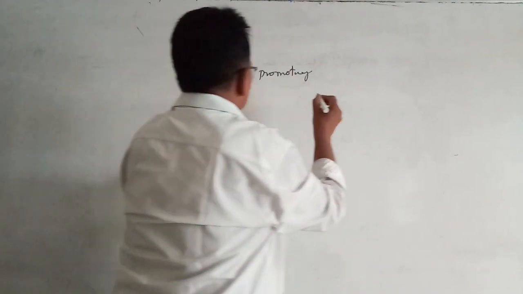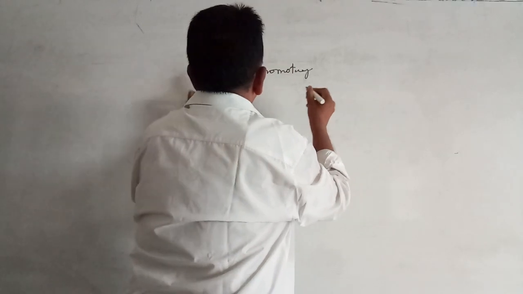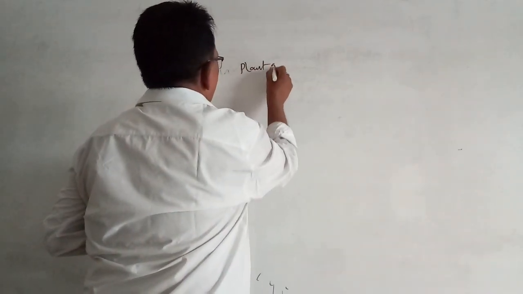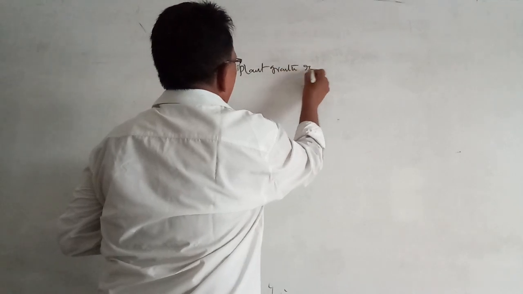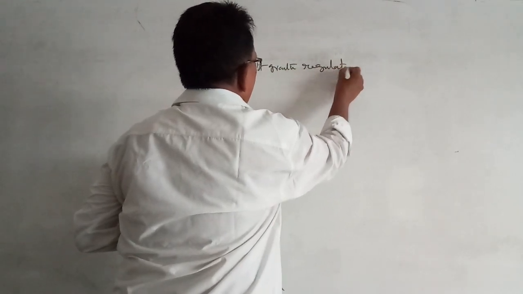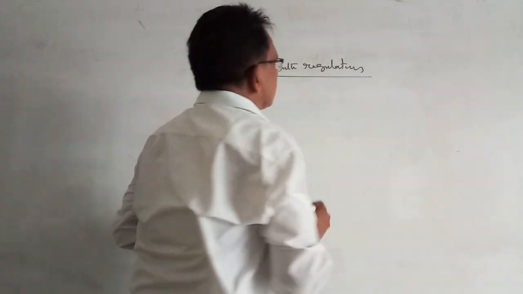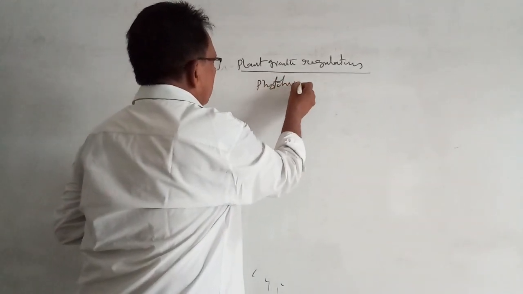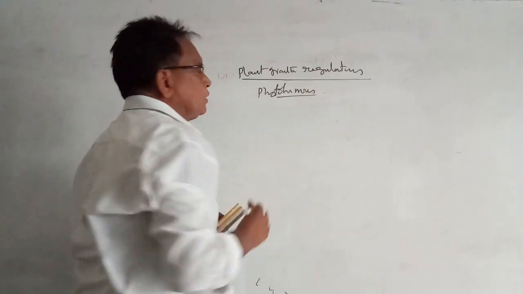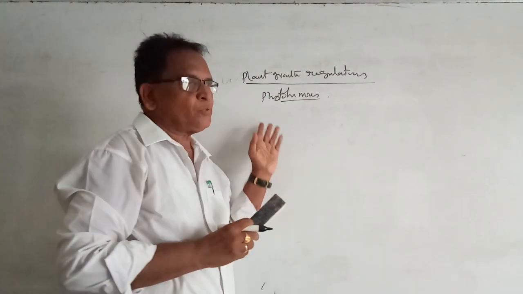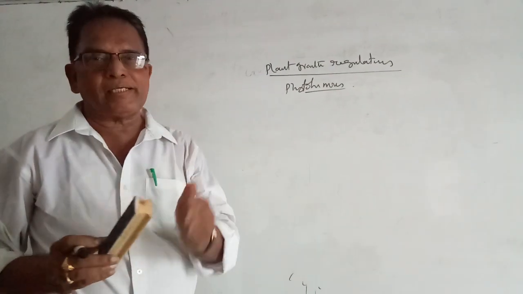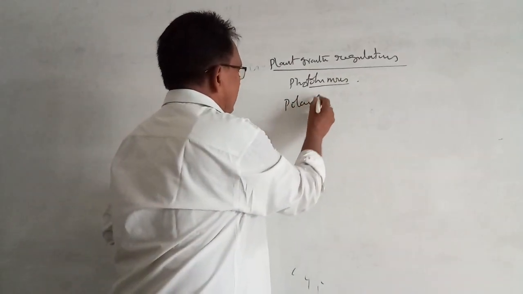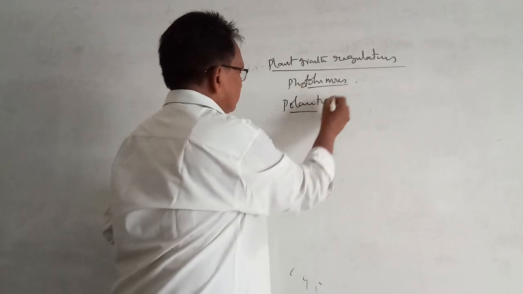Growth promoting plant growth regulators are also there. These are also called phytohormones, and these phytohormones also transport from one part of the plant to the other part, and they exhibit a phenomenon called polarity.